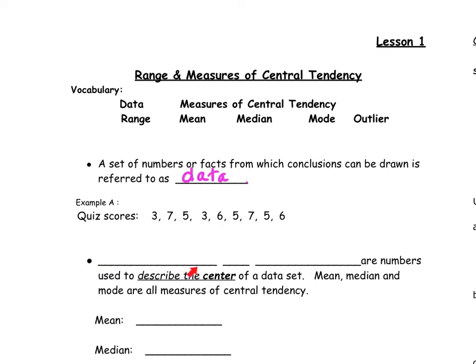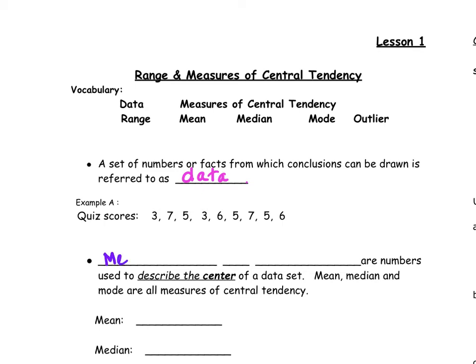Next, blank are numbers used to describe the center of the data set. If we look up at our vocabulary, we notice that it says the measures of central tendency is next. And you're noticing that there are 4 words and only 3 blanks. So we'll make this work. Let's fill that in.